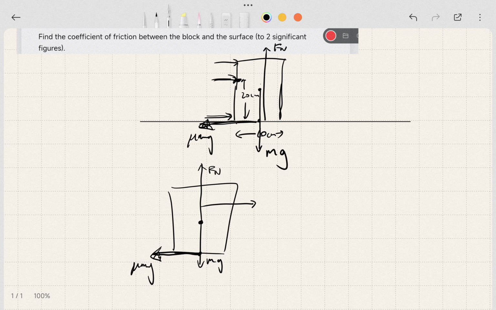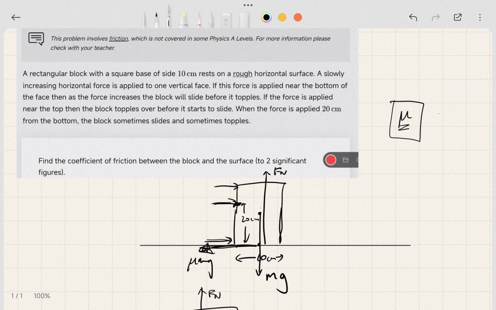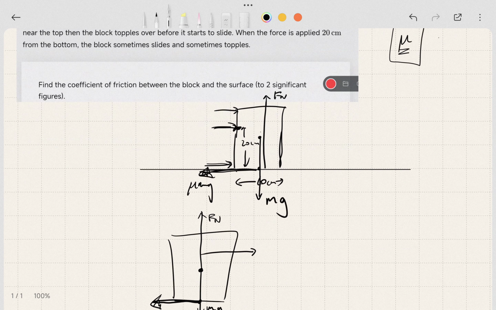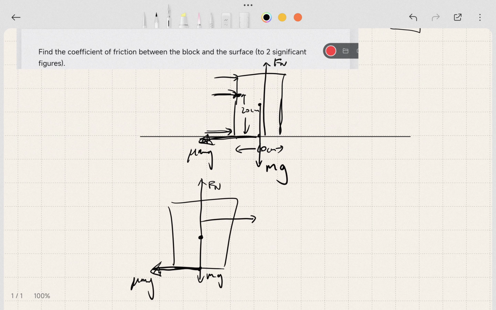And so what we know here is there is a rotation element to it, and the torques are balanced.